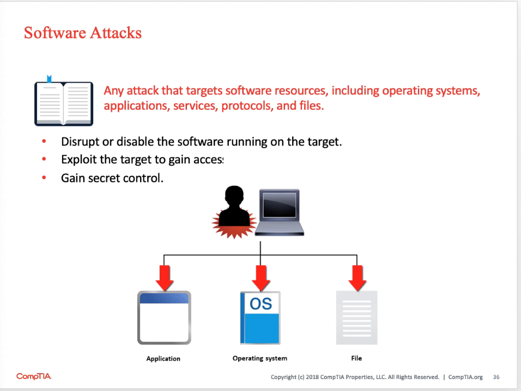A software attack can be defined by CompTIA as any attack that targets software resources, operating systems, applications, services, protocols, and files. So the goal of a software attack is to disrupt or disable the software running on the target system. The attacker is going to try to exploit the target system to gain access to the target system, to other systems, or to a network.